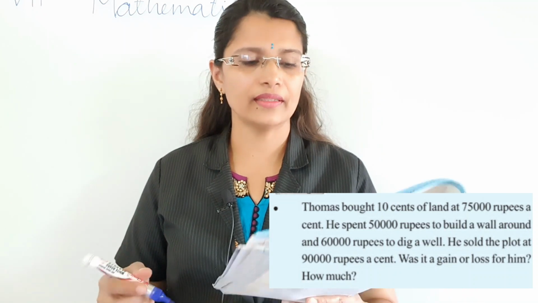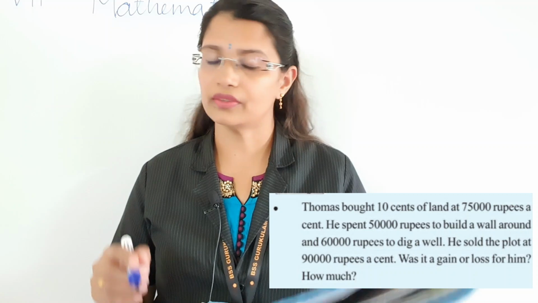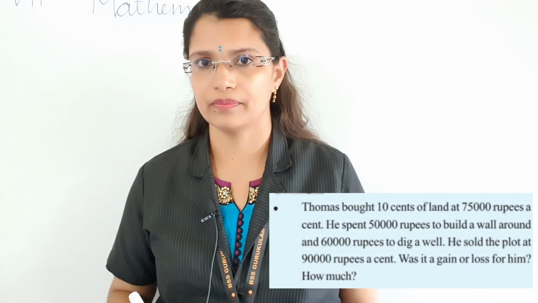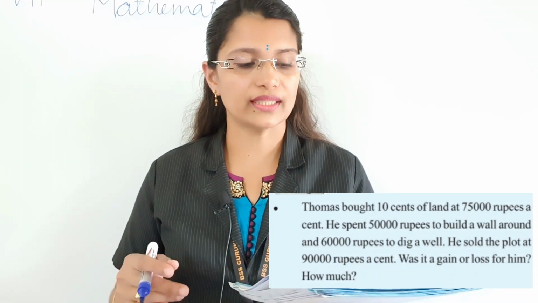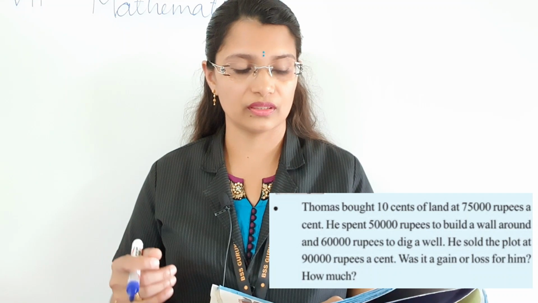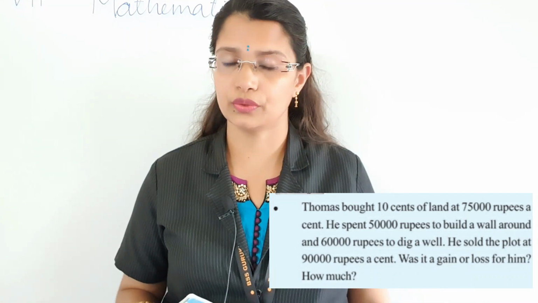So children, here the cost of the plot is equal to 75,000 rupees per cent. That means for 1 cent, right? Then what about these things, 50,000 rupees for the compound wall and 60,000 rupees for digging that well? What should we do with these two?